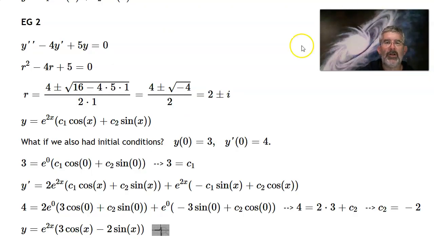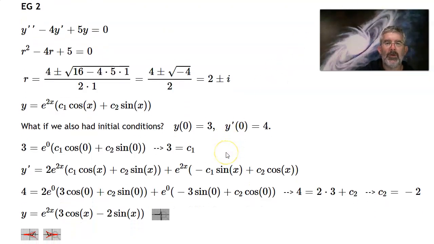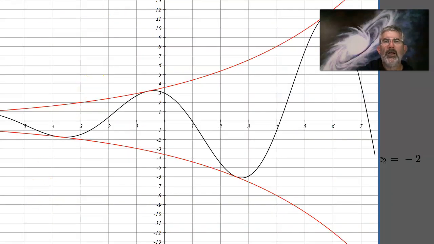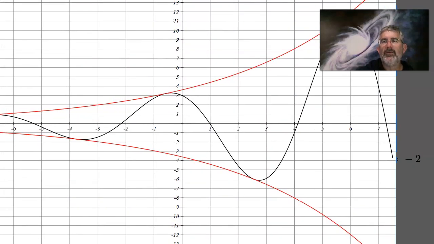These solutions all have a very similar look. So rather than that graph, I'm going to look at this one. All I've done is change the e to the 2x into an e to the 0.2x. So it's still a rising exponential, but a much more slowly rising exponential. I kept the same sines and cosines, so 3 cosine minus 2 sine x.